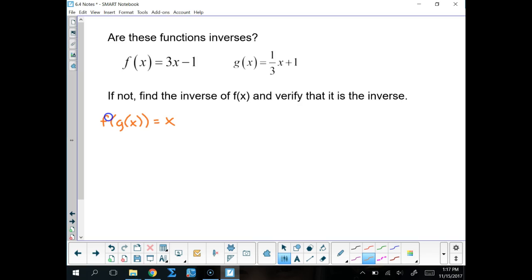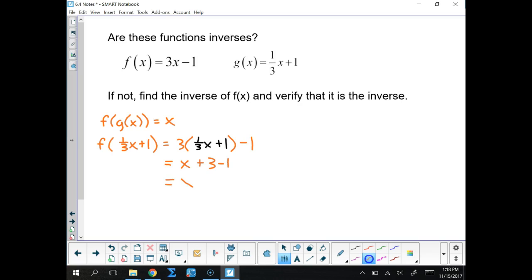So that's going to be f of 1/3 x plus 1. So that's going to be 3 times 1/3 x plus 1, minus 1. 3 times 1/3 is 1, times x is x. 3 times 1 is 3, minus 1 gets me there.